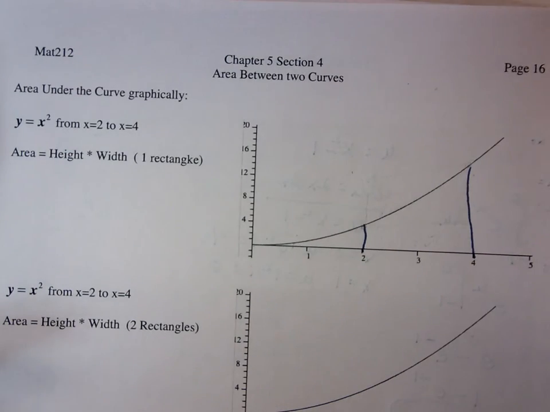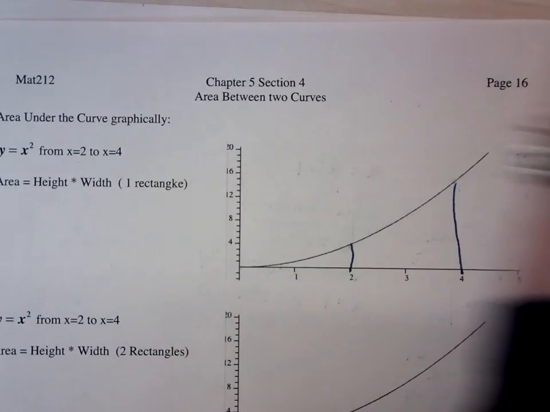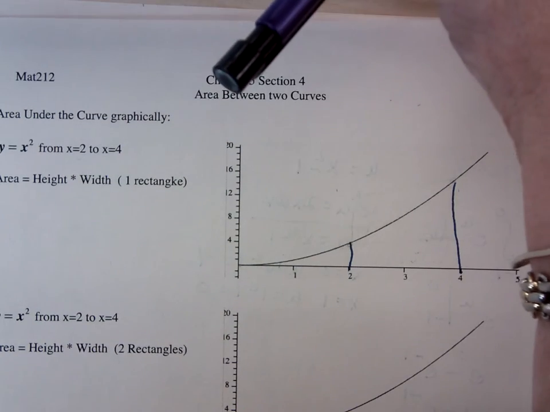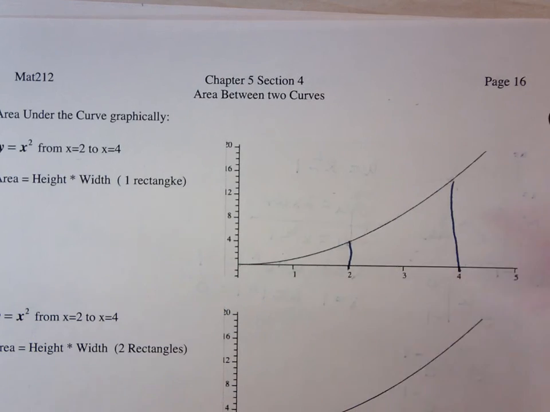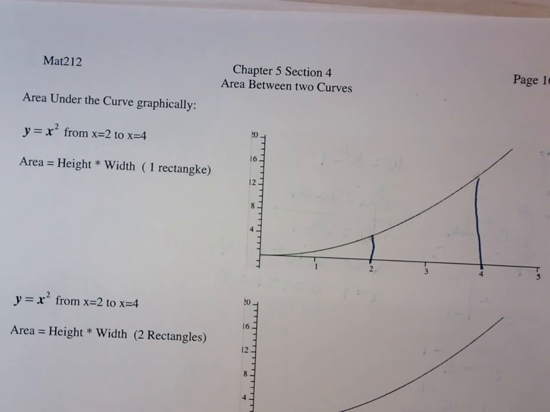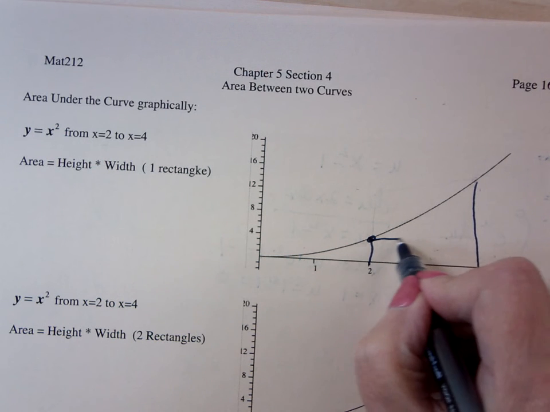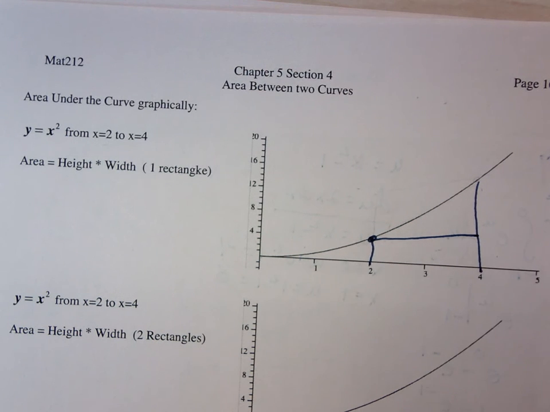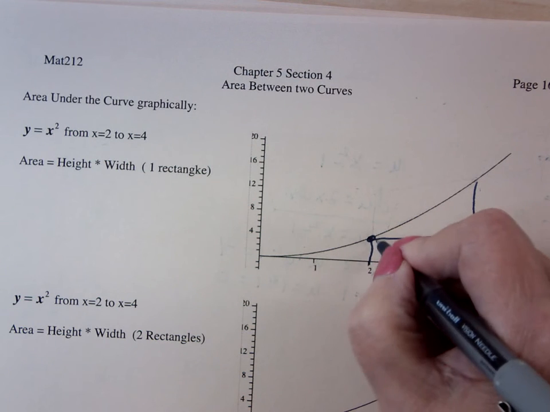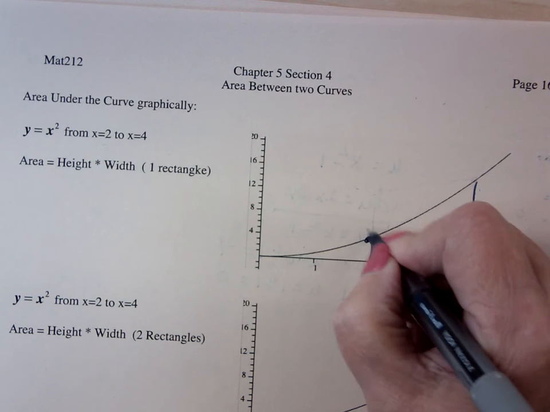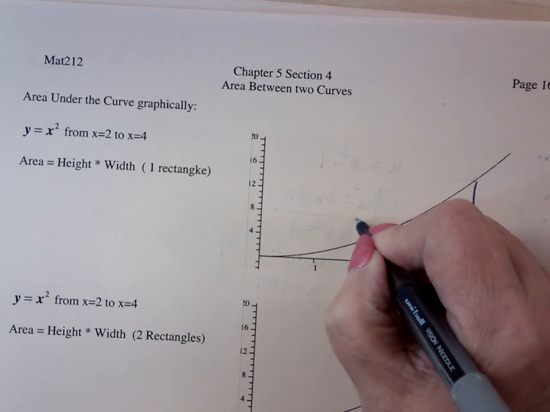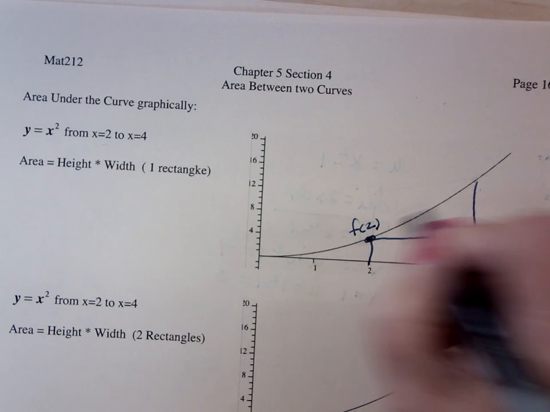So as we're looking at it, suppose I just do a single rectangle, and we'll go from the smaller root here. And what would the area of that rectangle be? Well, area is length times width. The height of this rectangle is the function value. So the height would be f of 2.